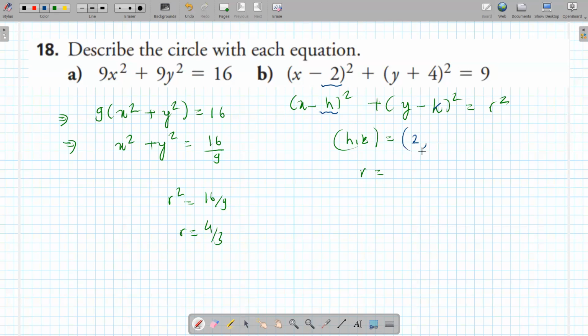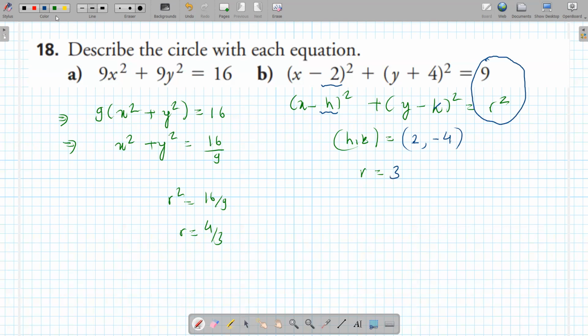What about k? -4. Yeah, -4. What's our radius? R squared is 9, right? Then r is 3, okay?